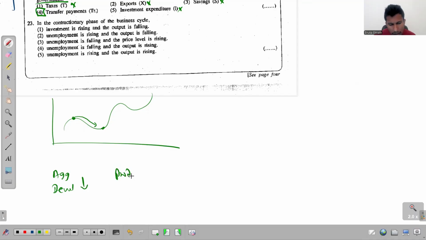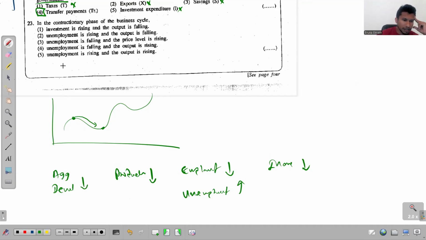When production reduces, employment reduces; if you look at it from the other side, unemployment increases. Then income falls. These are what happen during this phase.